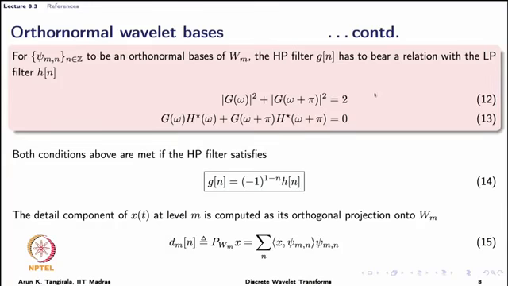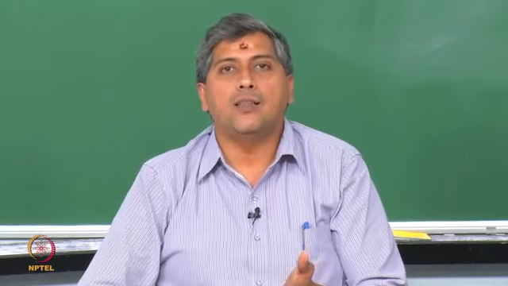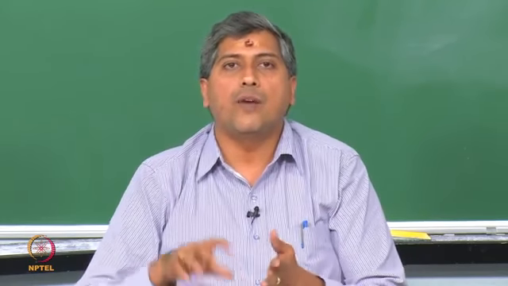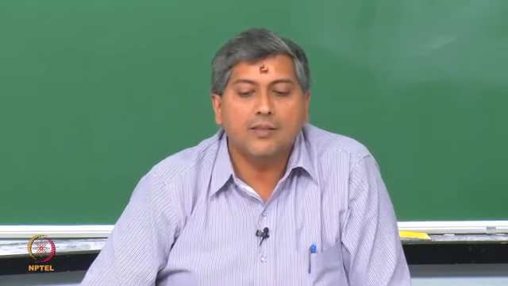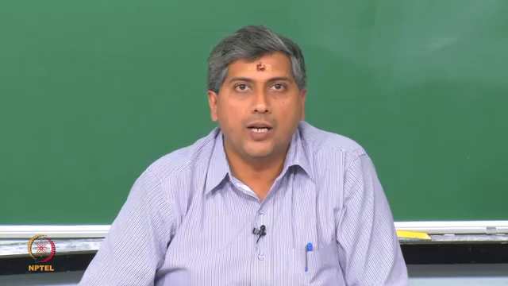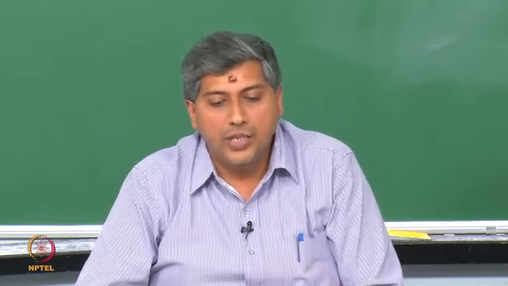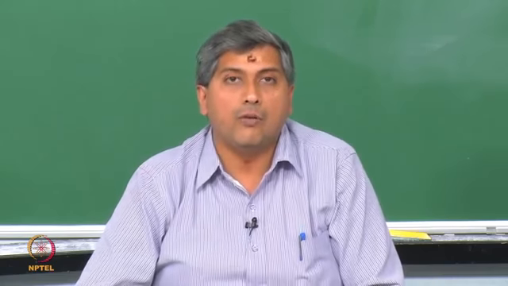This 14 comes from the fact, if you recall, that I want an orthonormal wavelet basis. So, to summarize, I choose H as a low pass filter satisfying equations 5 and 6, that is the conditions of orthonormality and low pass filter. Then I choose G such that I get an orthonormal wavelet basis according to equation 14.